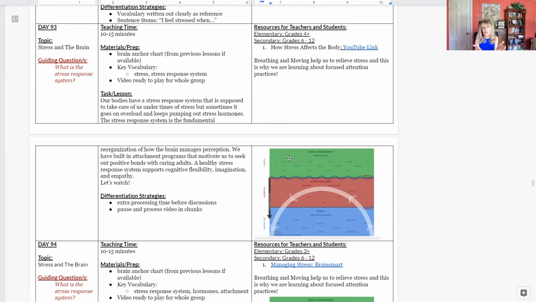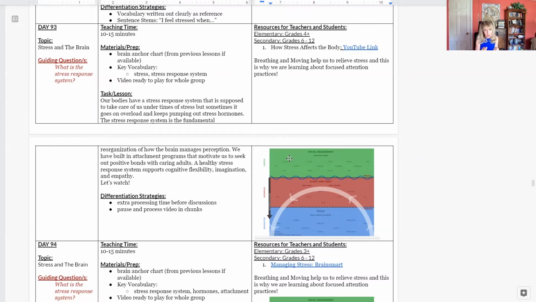So along with the vocabulary words, we give you a little clip of what's happening in the nervous system and how our stress response system is experiencing those conditions where our body begins to move into protection.